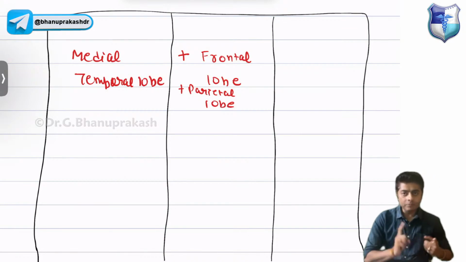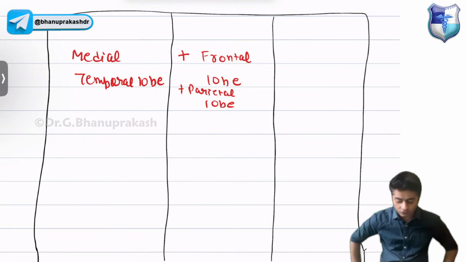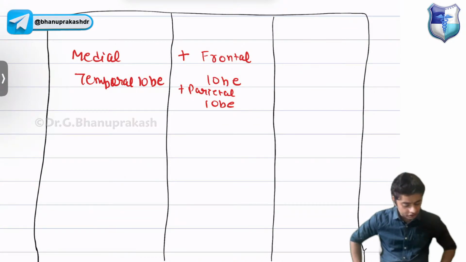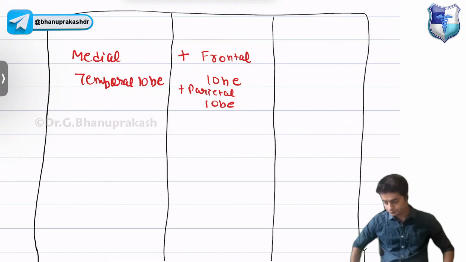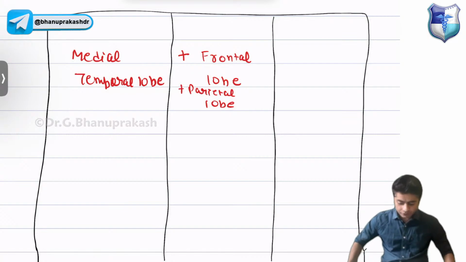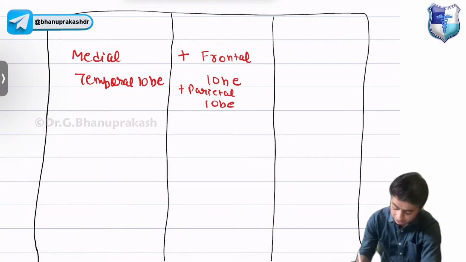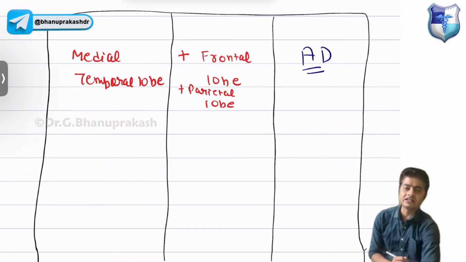The medial temporal lobe plus the frontal and parietal lobes are gone. Tell me the disease. Okay, Alzheimer. But here I'm saying frontal lobe. Okay, it is Alzheimer disease.